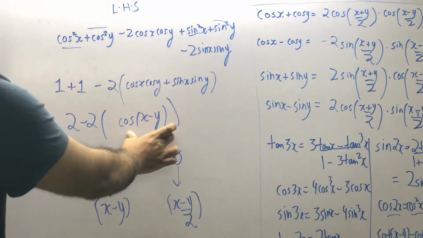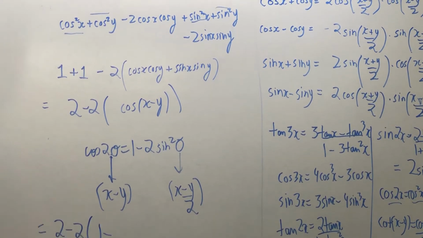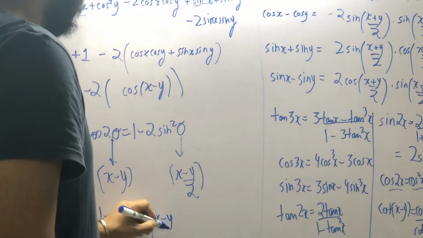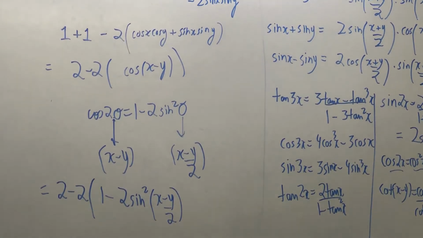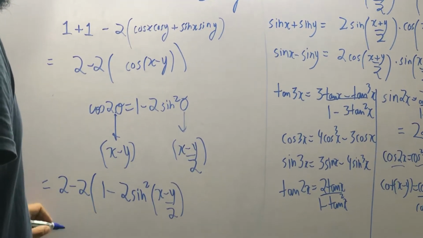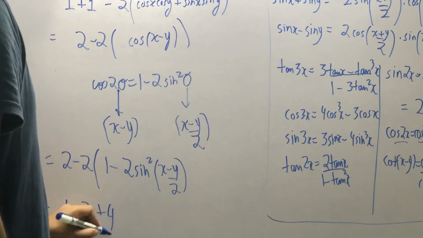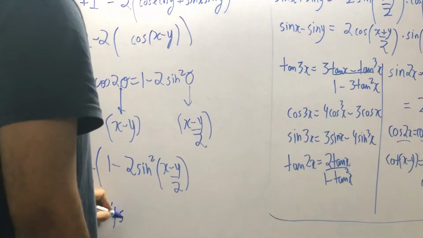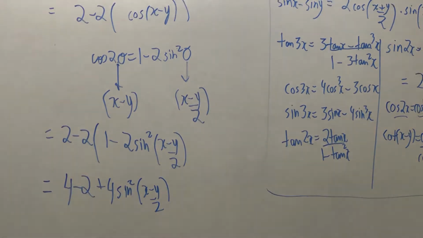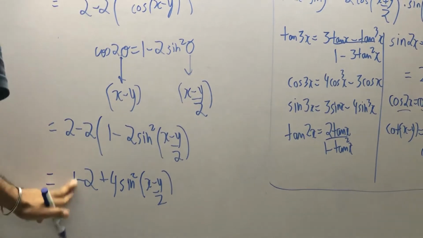So now substitute the value of cos x minus y. Cos x minus y will be 2 minus 2 into 1 minus 2 sine square x minus y by 2. Okay, sorry, it will be 2 here.